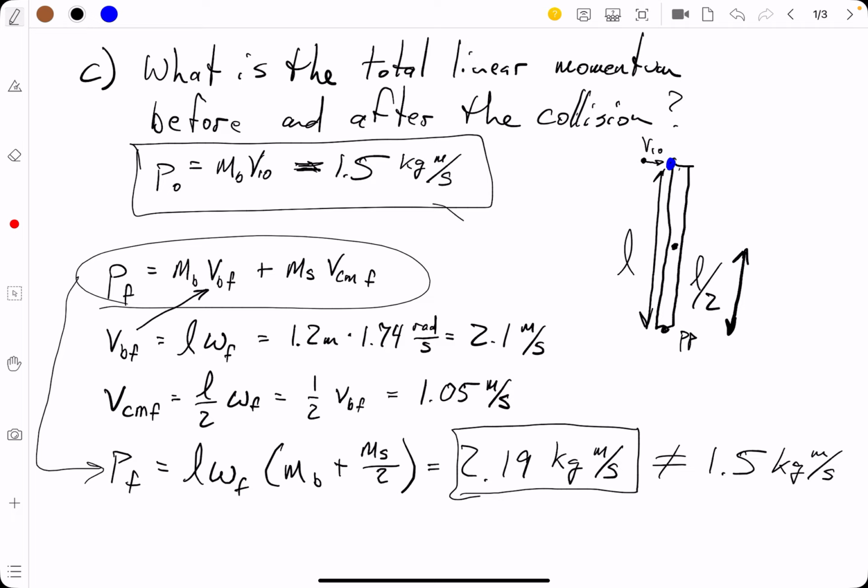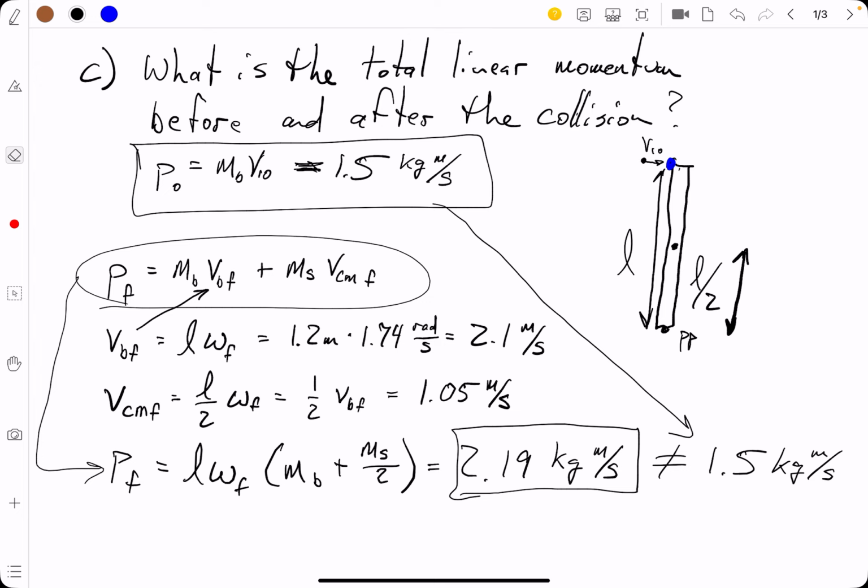So we are not conserving linear momentum. Something happened, but that was not conserved. Okay? But we did conserve angular momentum. All right, angular momentum is a little bit deeper conservation law.